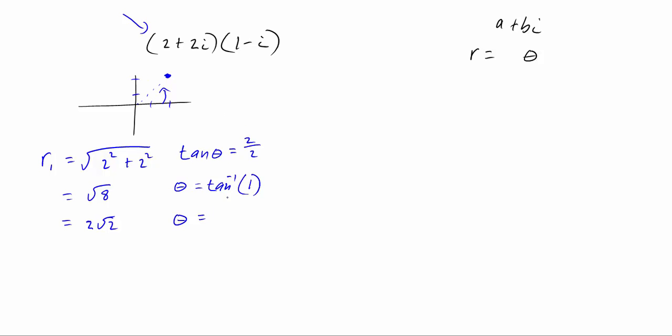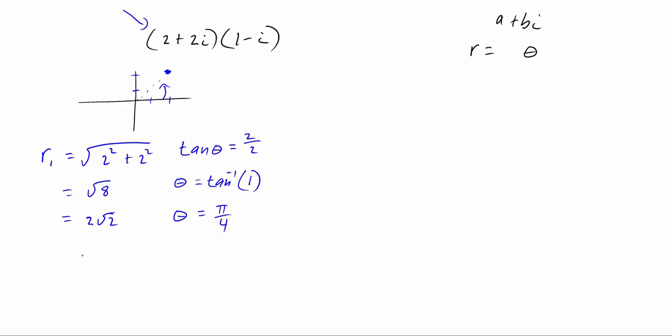Now we can look at this and we'll know, if we did the inverse tangent of 1, that means where is y divided by x equal to 1, and that's going to occur at pi over 4. That's where your x and y values are the same in the first quadrant. So there we have our first complex number, z1 is equal to 2 square root of 2 cosine of pi over 4 plus i sine of pi over 4.